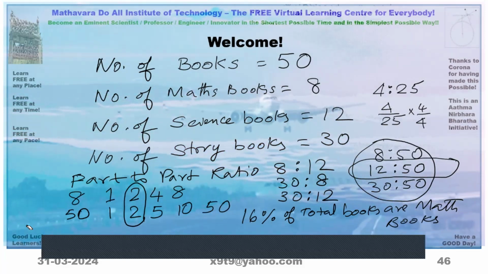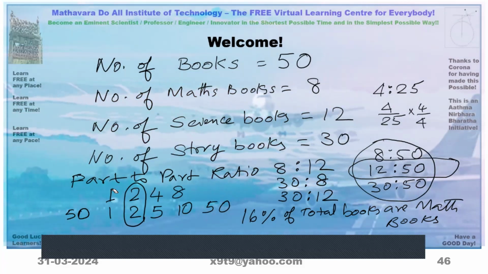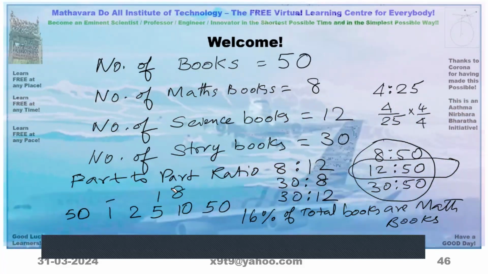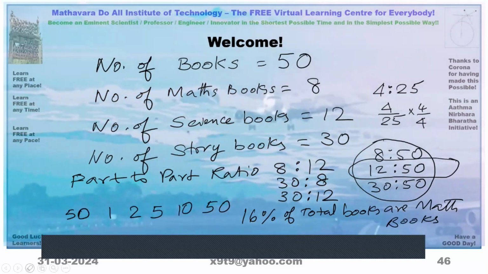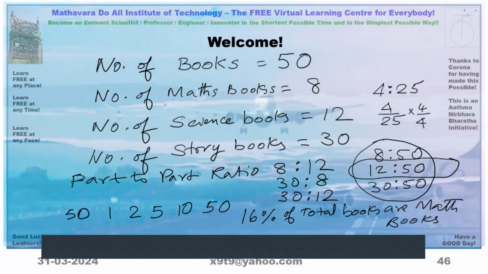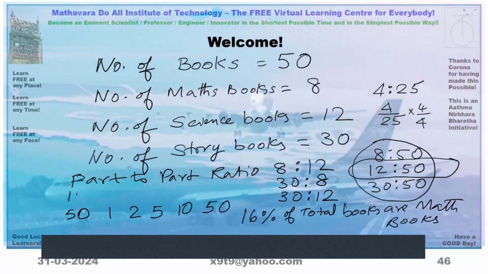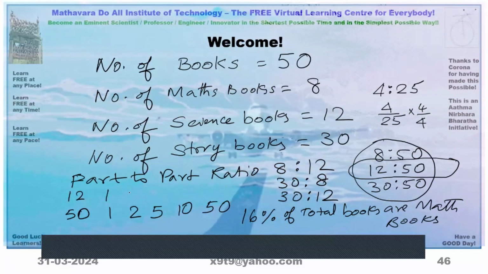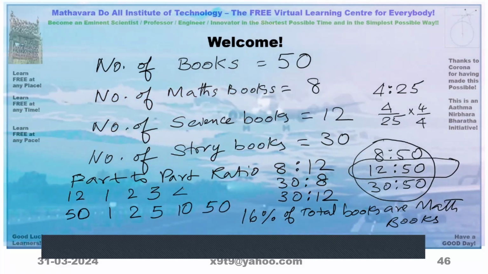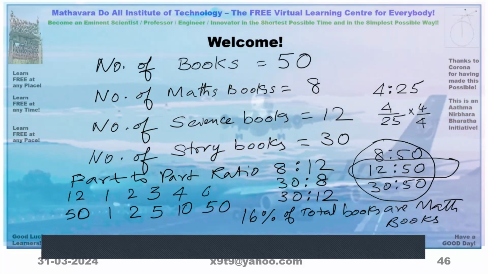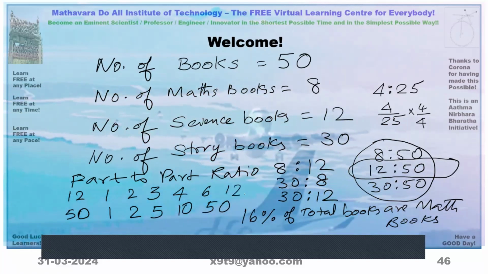So, for 12, you can divide by 1, you can divide by 2, you can divide by 3 also, you can divide by 4 also, divide by 6, divide by 12.